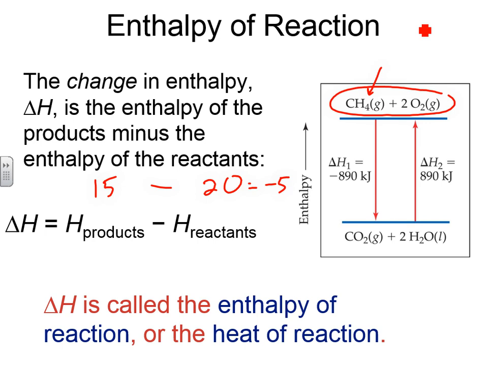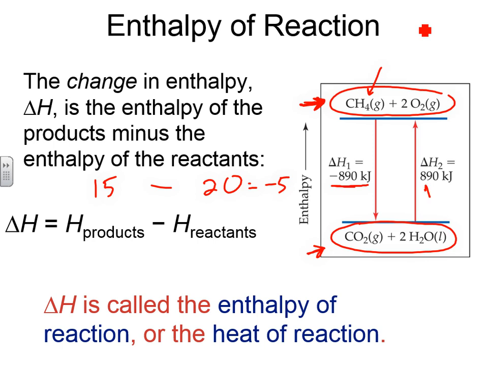The CO2 and H2O are at a lower energy state, and the reactants are at a higher energy state, like potential energy. So energy was released. How much? In this case, negative 880 kilojoules. That negative means it was released, whereas a positive, going up the other way, would mean absorbed.